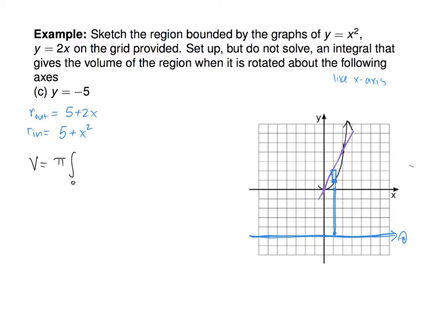0 to 2. Okay, so our outer curve is 2x plus 5 squared minus inner curve, which is x squared plus 5 squared. And let's just go ahead and expand that because it wouldn't hurt.